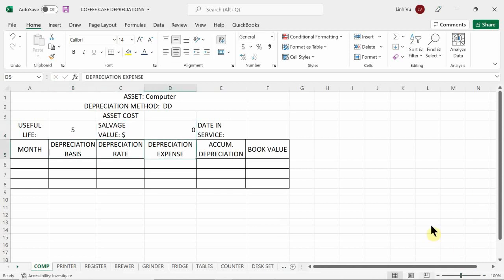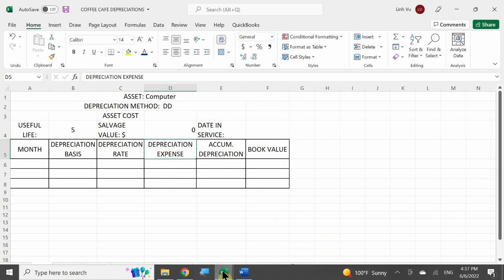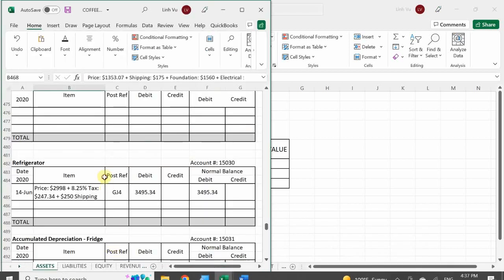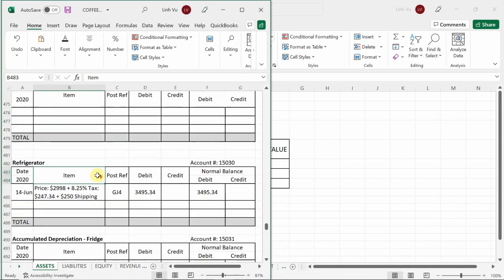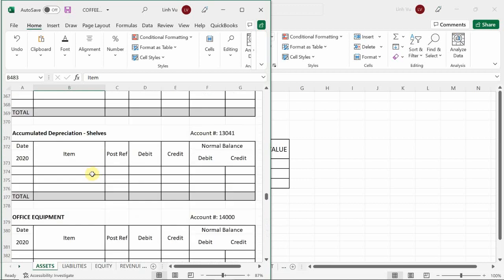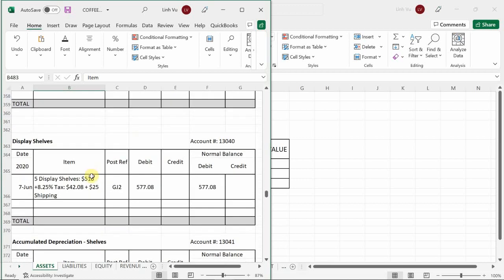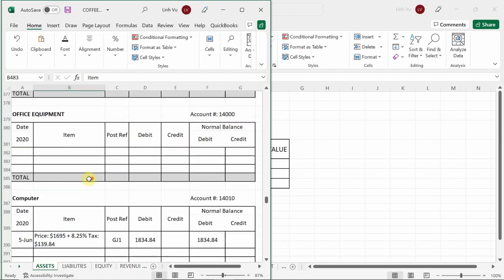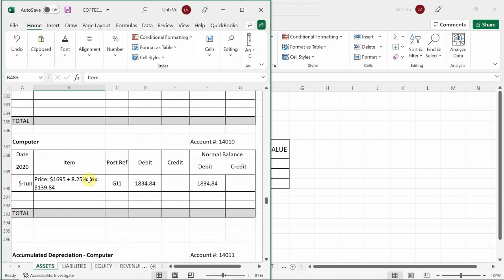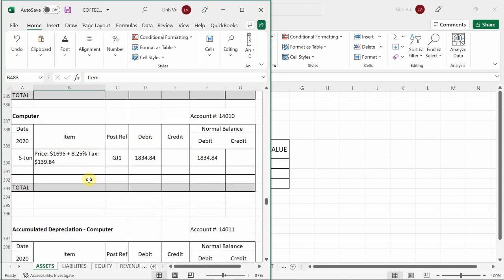So let's see when we actually purchased our computer. Right, here you go. Office equipment, our computer. We purchased it on the 5th of June for $1834.84.